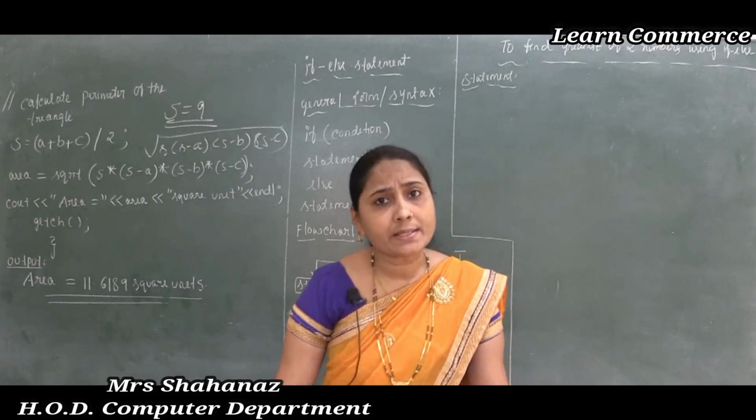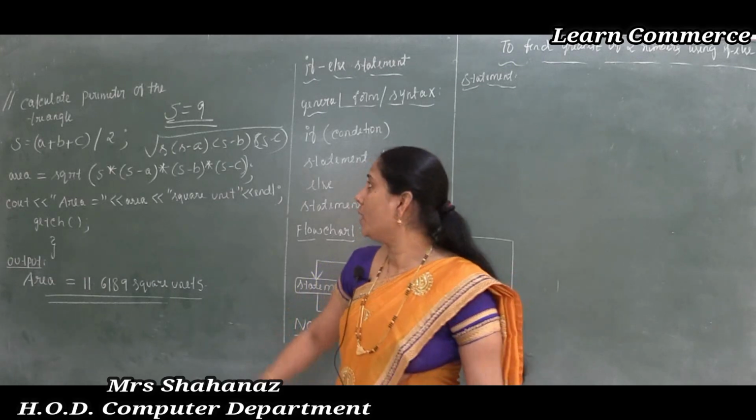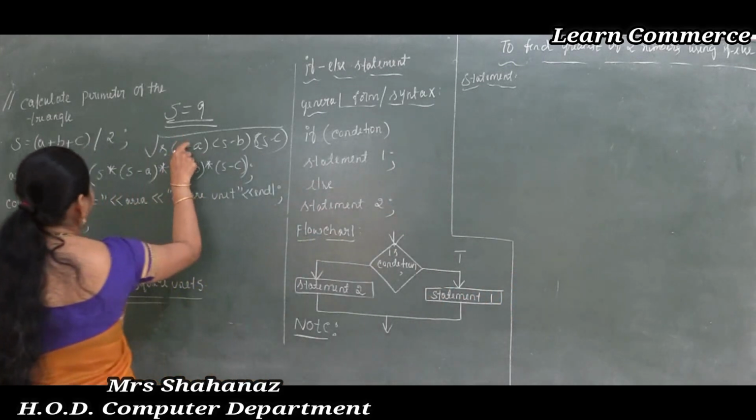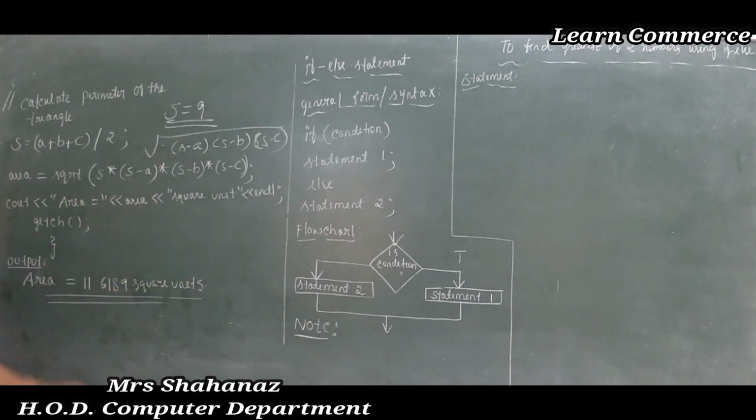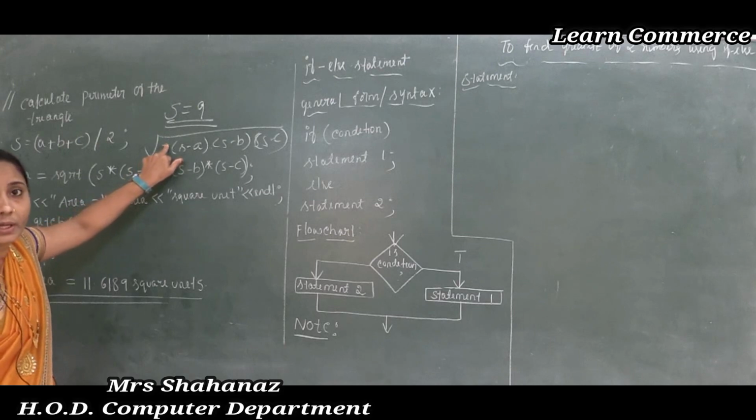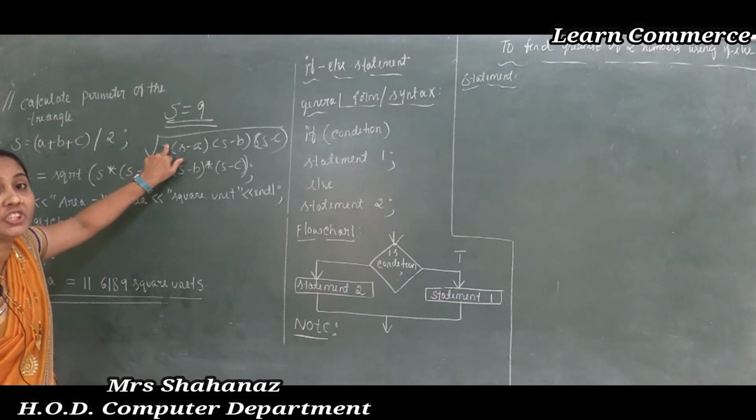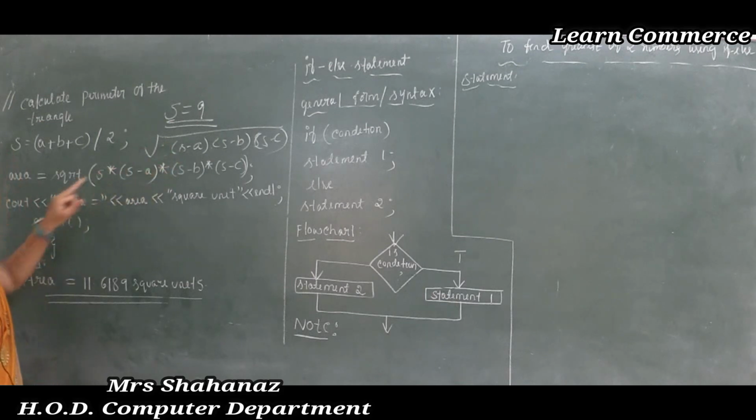But such a formula we can't use directly in coding, correct? As we know, on our keyboard the square root symbol is not there, so we need to change it to the coding of a program. So how are we going to write it in the coding of a program, that is, how you declared the area, like that only.